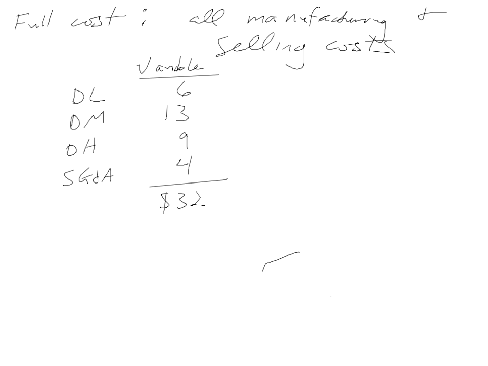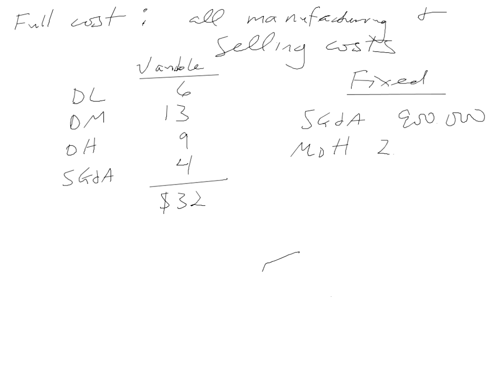But there's also some fixed costs, and these fixed costs are not broken down per unit. They're given per month. And for fixed costs, it tells me that I have SG&A of $900,000 and manufacturing overhead of $2.7 million.